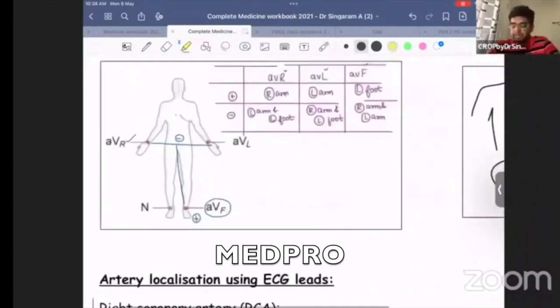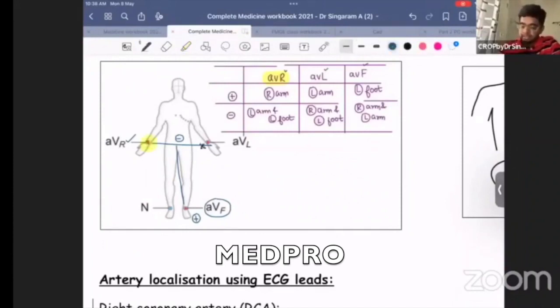For example, in aVR, the positive polarity is the right upper limb. And the negative polarity is the other two areas, the left upper limb and left foot, and in between is what you get as the negative polarity. So it is something between the left arm and the left foot.